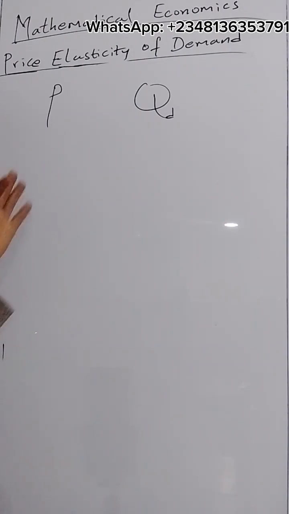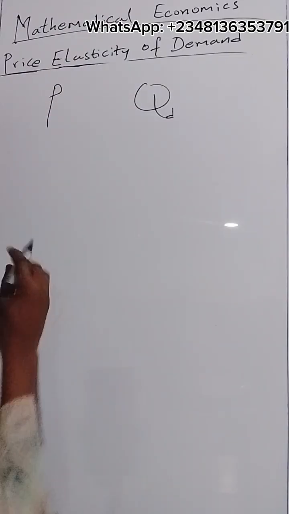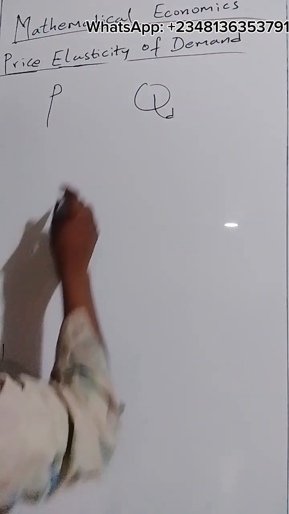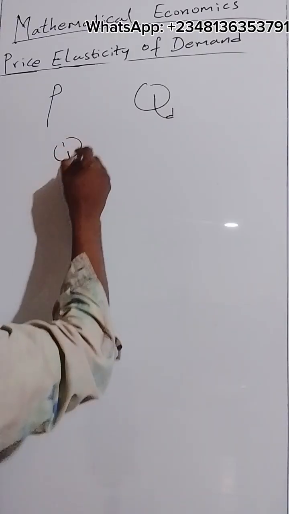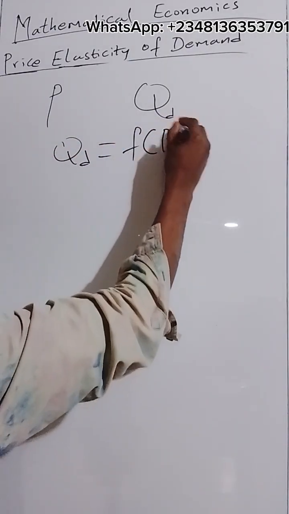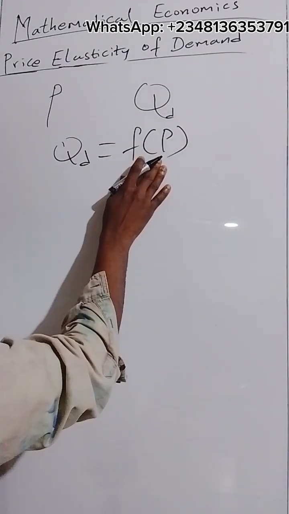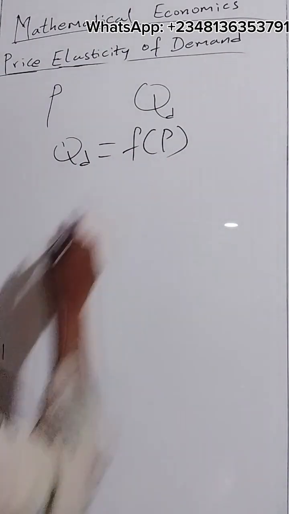The theory of demand tells us that quantity demanded depends on price. Another way of saying this is that the quantity demanded is a function of price. In other words, quantity demanded responds to a change in price.